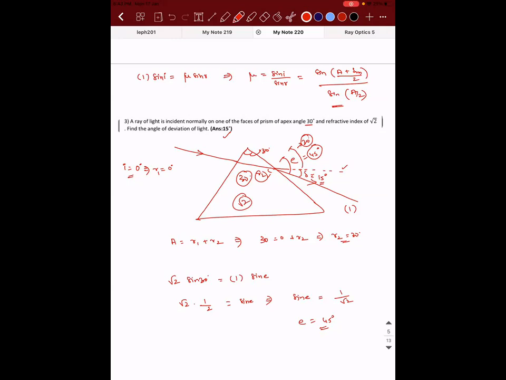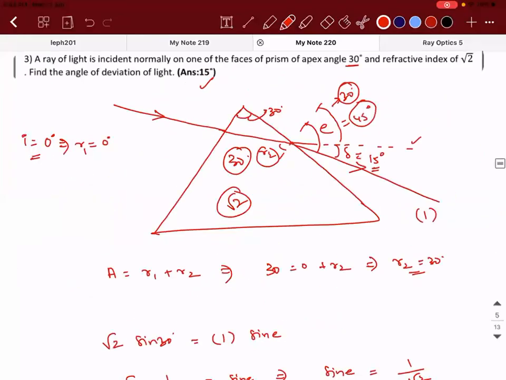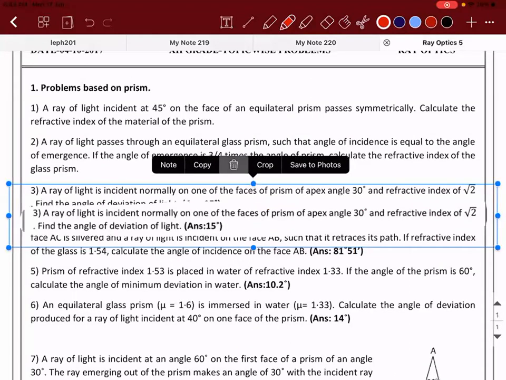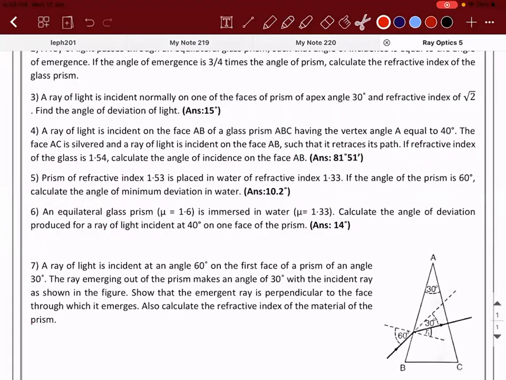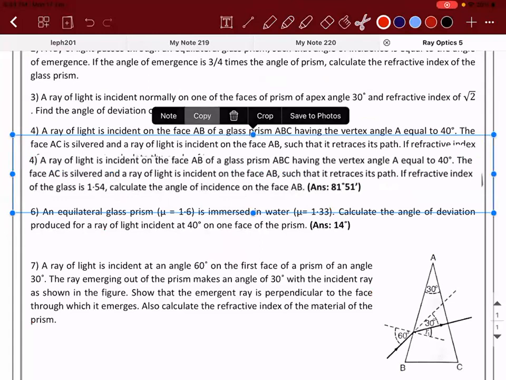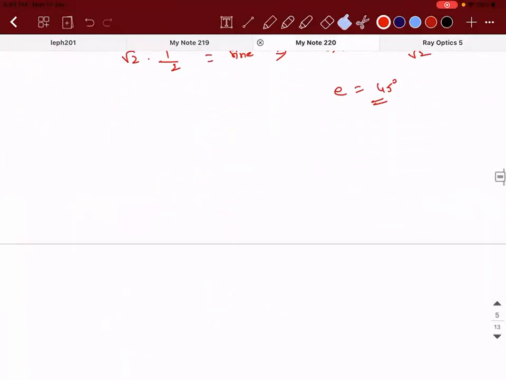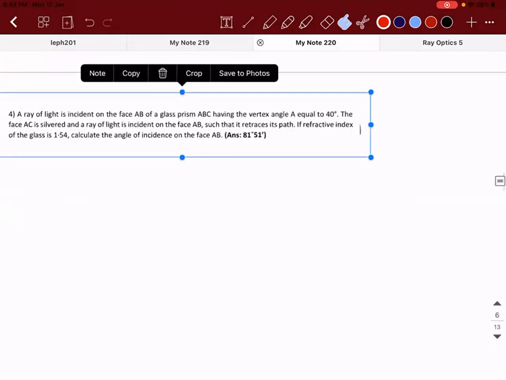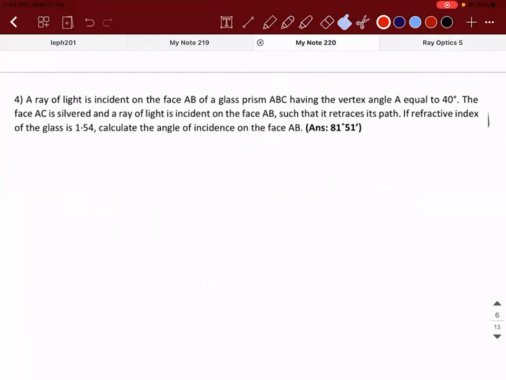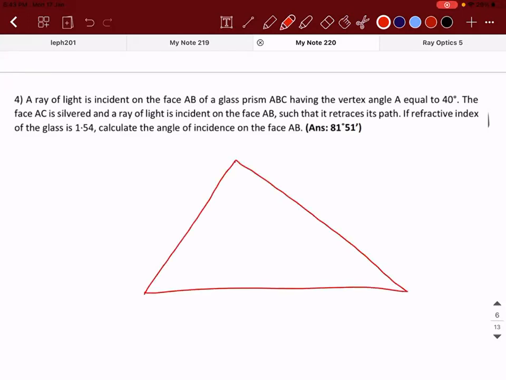Done? Can we try the fourth one? So there is a ray of light which is incident on the face AB of a glass prism ABC having vertex angle 40 degrees.